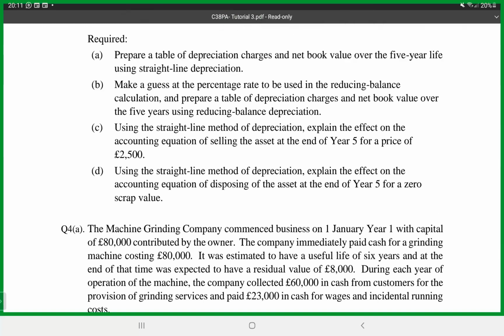So you are just repeating almost the same thing. Since we are still using the same straight line method, but where there was the part where we put the scrap value, you put 0. So instead where the 2,500 was, it will be 0. Yes, that's the sale part.